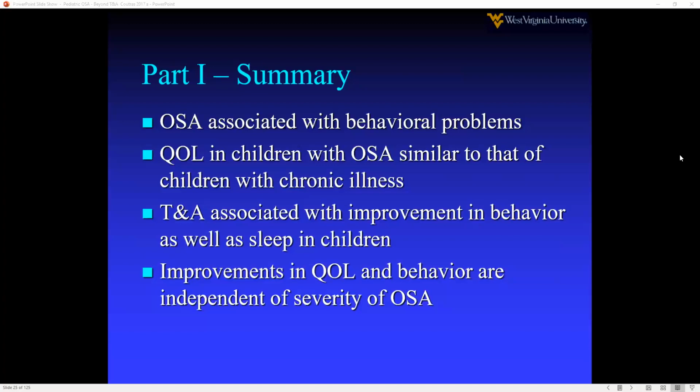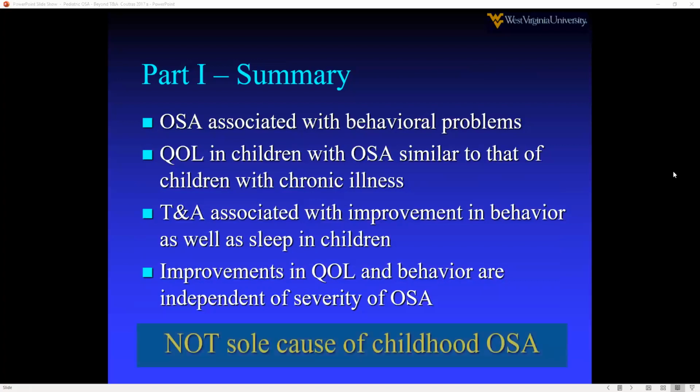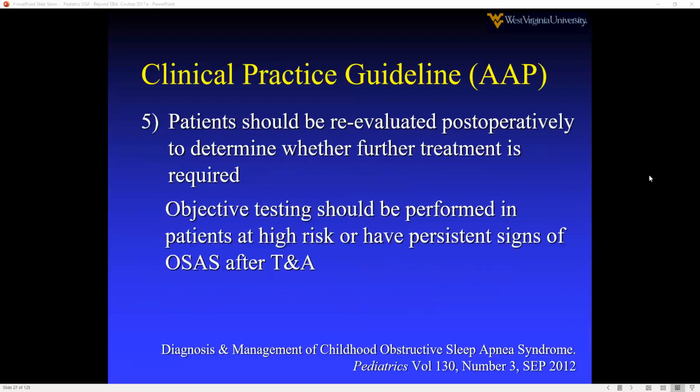And quality of life and behavior are independent of the severity of obstructive sleep apnea. That is, you can have severe behavior issues with mild obstructive sleep apnea and so forth. So tonsils are not the sole cause of childhood obstructive sleep apnea. We do have residual OSA in these kids.